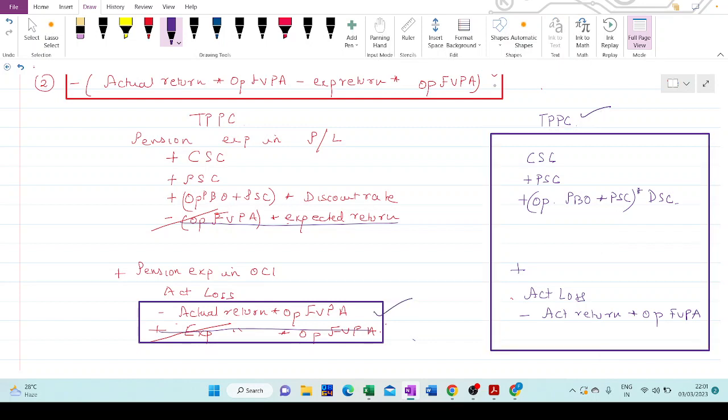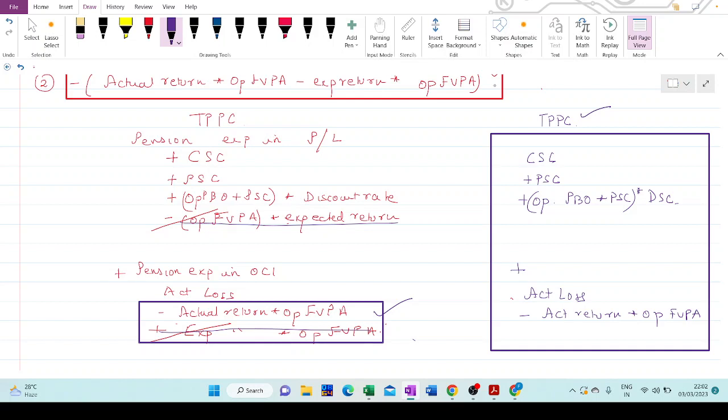Right. The first thing that I have achieved is that I have removed the effect of expected return from the calculation of TPPC. Second thing is that since I've removed the impact of expected return from the calculation of TPPC, we are no longer deviating from the economic reality.